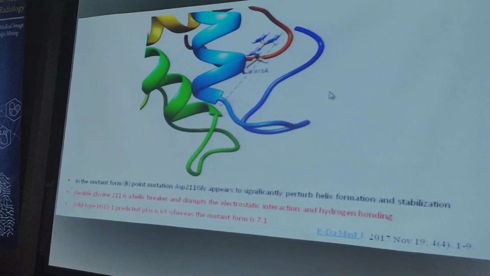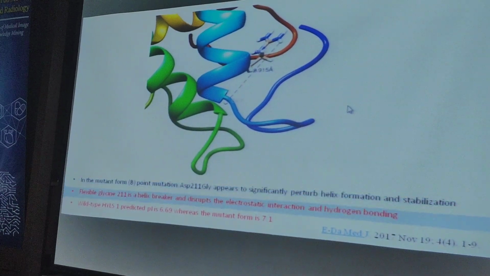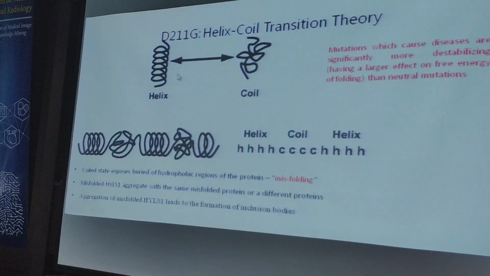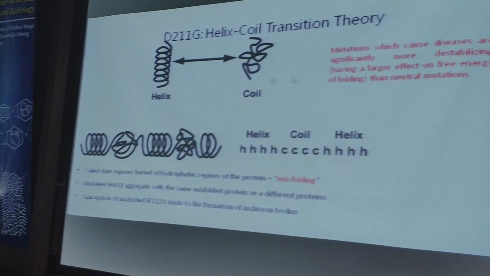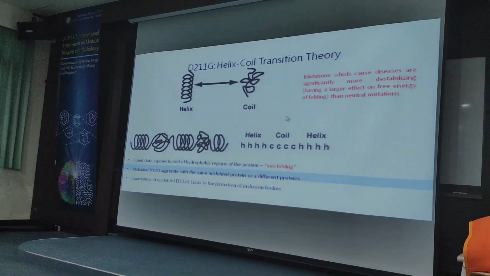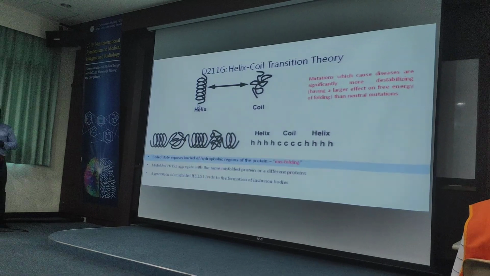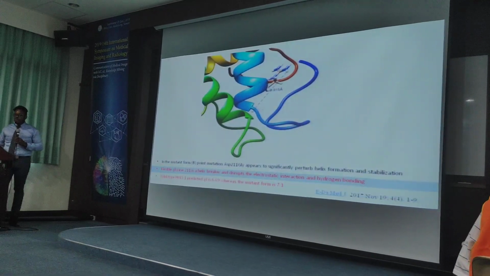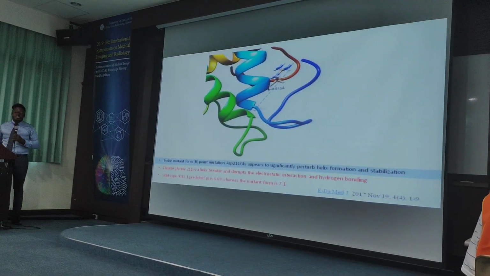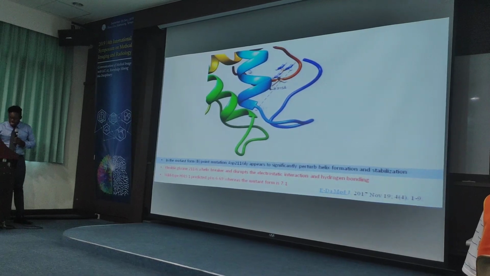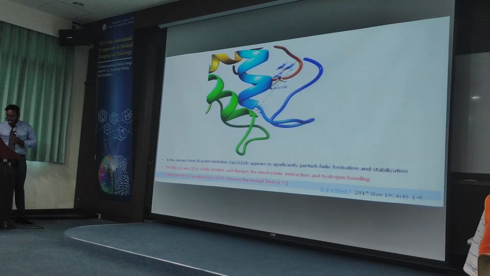So what happens is we call it the helix disruption postulate. I believe that's taking place. We're breaking down the helix and forming a coil, and breaking down a helix and forming a coil is what we call misfolding. So here the helix misfolds.